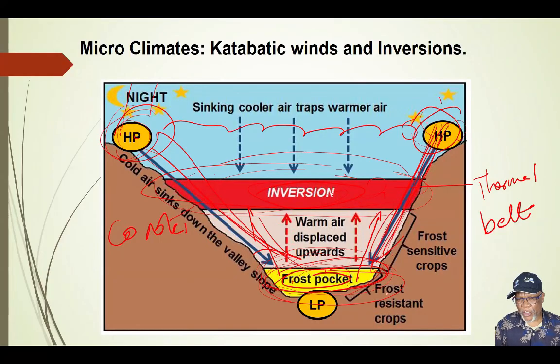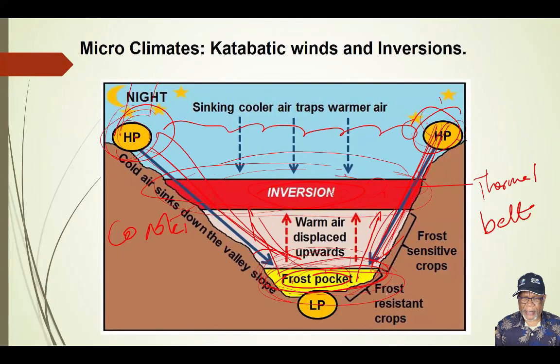And only the crops that are resistant to frost can be grown at the bottom of the valley. So that is how climatic factors influence the slope utilization. You can utilize slope for certain reasons, but not for others.